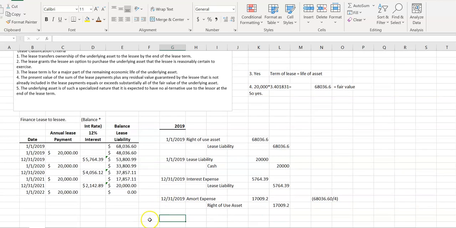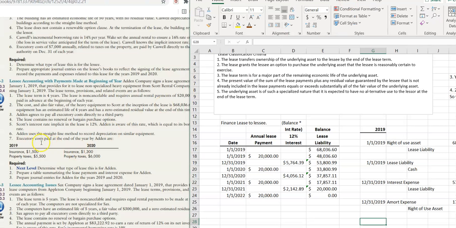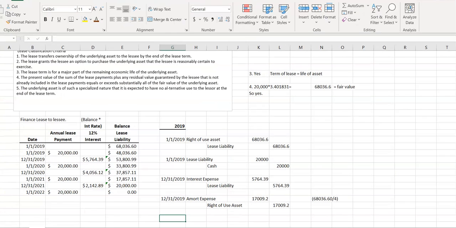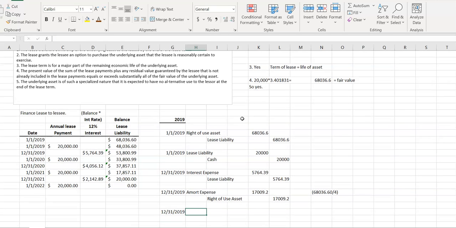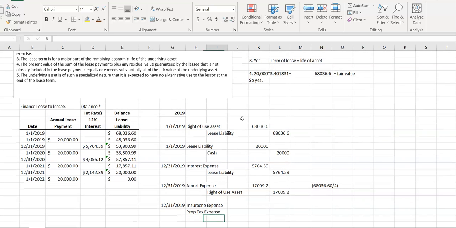And then finally, if you remember, not finally for 2019, we also paid executory costs. We paid insurance and property taxes. All right, so insurance was $1,500, property taxes were $5,000. So I'm going to have 12/31/2019. I'm going to have insurance expense, property tax expense, and cash out the door.